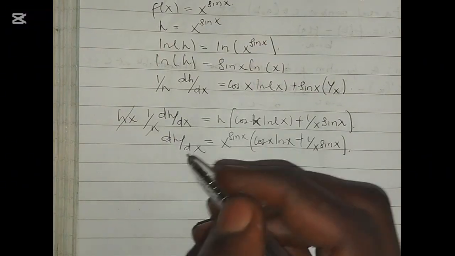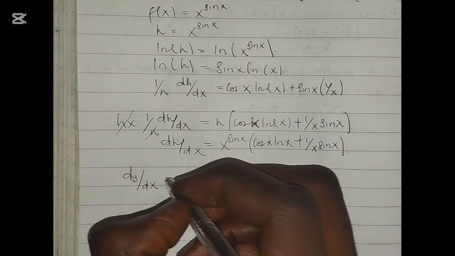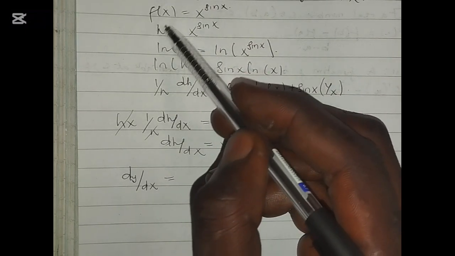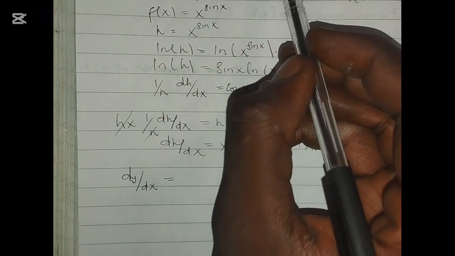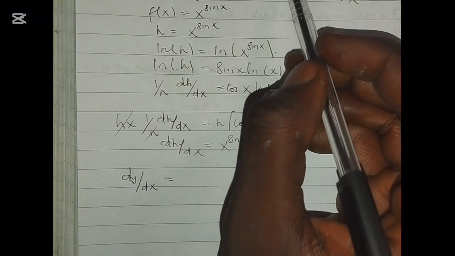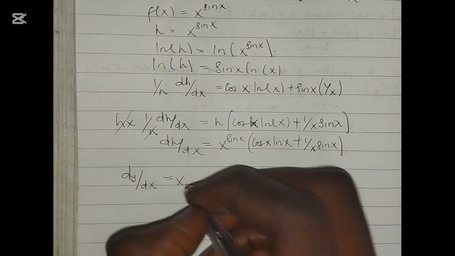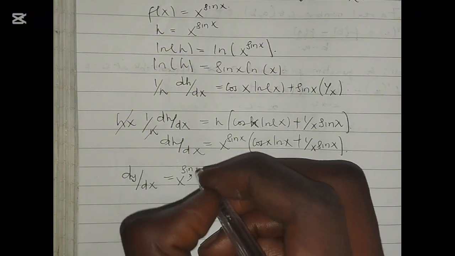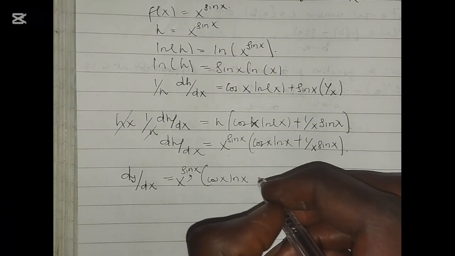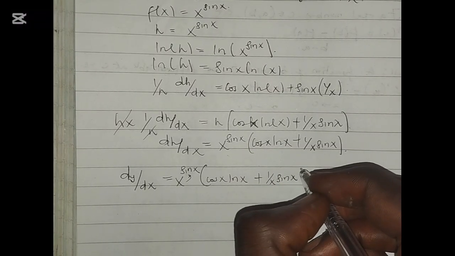Apply our product rule for the entire function, which is dy/dx, will be equal to differentiate the first function, which is x to the power of sine x, and that gives us what we have here, which is x to the power of sine x into cosine of x ln x plus 1 over x sine x.